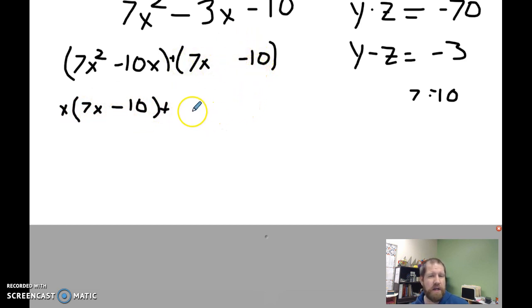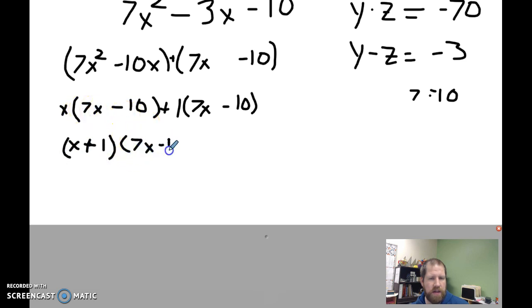Their greatest common factor is 1. That's the only factor they share. So that's what I'm pulling out, and I'm left with 7x minus 10. Okay. It is the same binomial, so one of my binomials is going to be x plus 1, and the other one is my 7x minus 10. Okay.